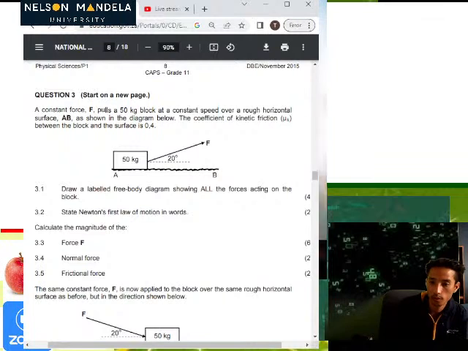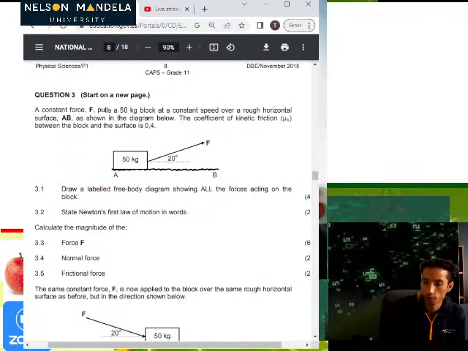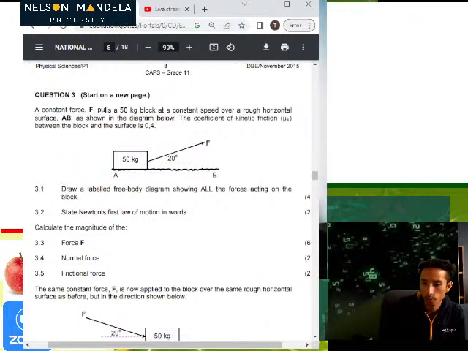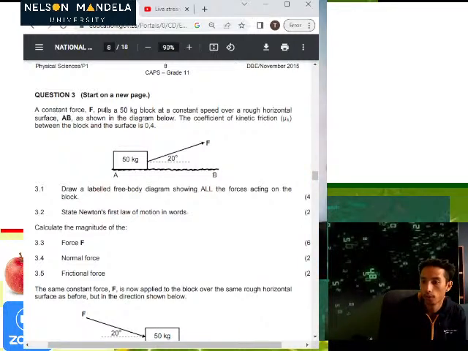So 3.1 asks us to draw a labeled force diagram, 3.2 asks us to state Newton's second law of motion, and 3.3 asks us to calculate the force F. Okay, so we have to draw a free body diagram.